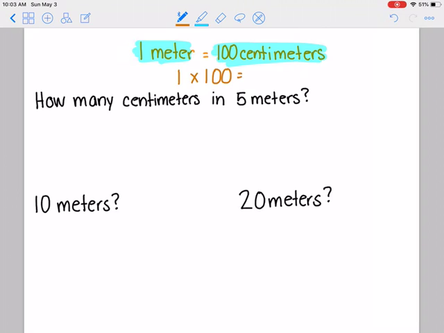So this one would be 5, because they're talking about 5 meters, times 100 centimeters in each meter. And 5 times 100 is 500. So there are 500 centimeters in 5 meters.